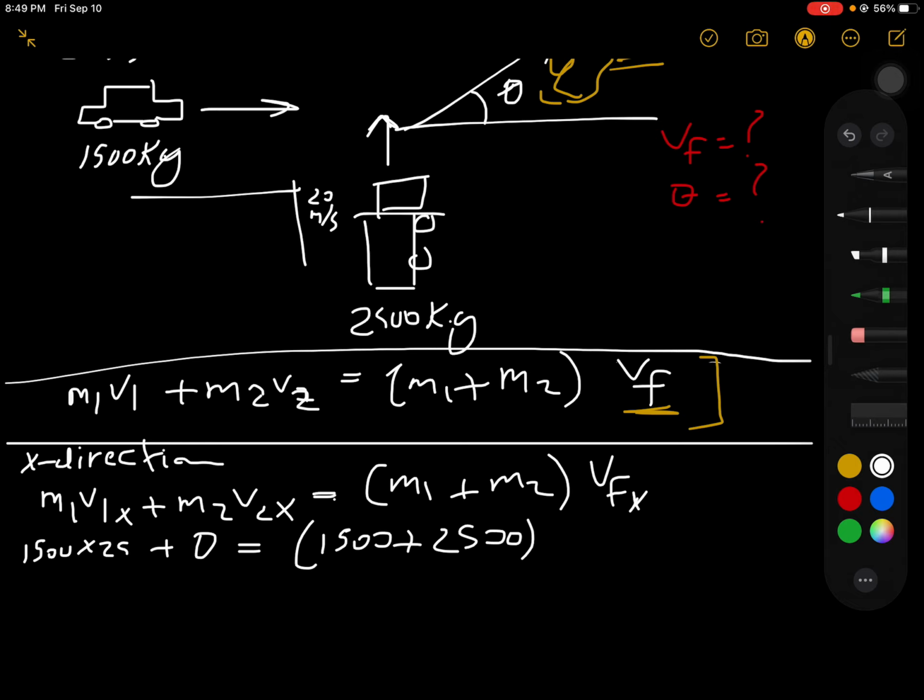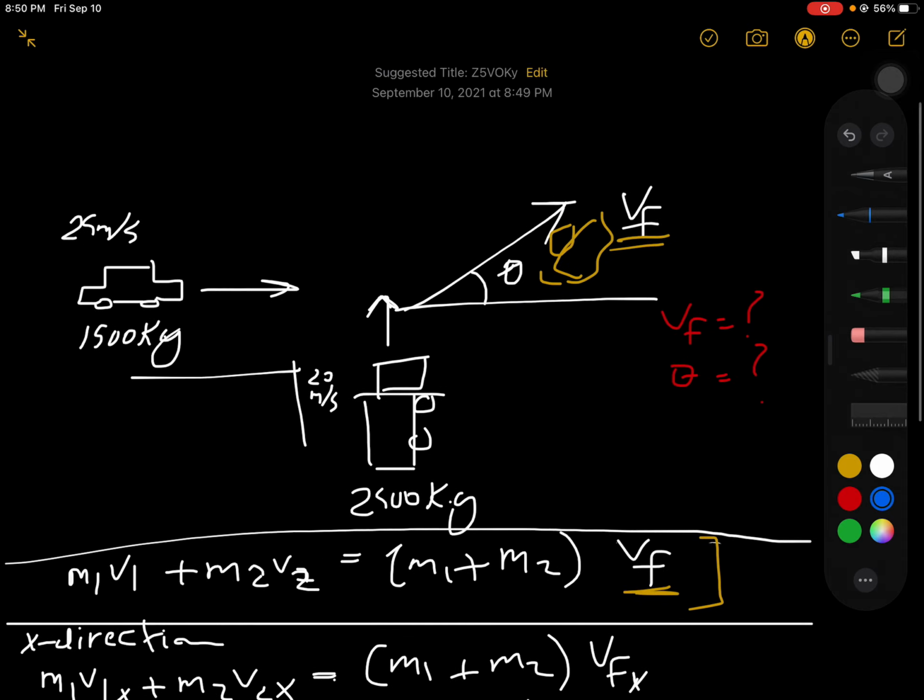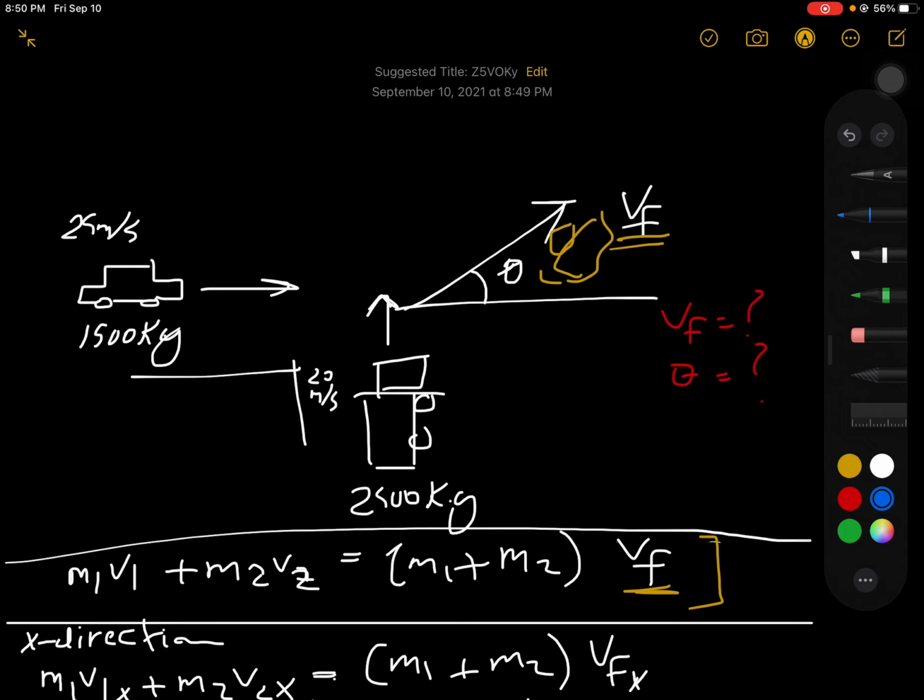Okay, vfx will be vf, and when we deal with the angle, we have to divide the velocity into two components, the x component and the y component: vf for x and vf for y.